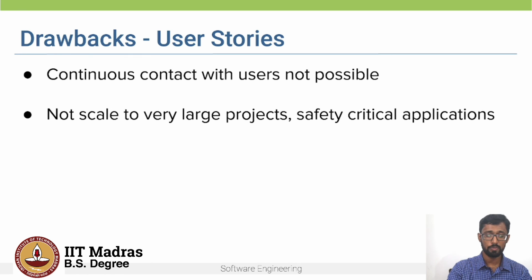Second, this approach may also not scale to very large software development projects or even safety critical applications, because in such projects, extensive planning and documentation is required before the actual implementation. And especially for safety critical applications, there is no room for errors or refinement. So the key point to remember is that software development methodologies depend on the type of application you are building.